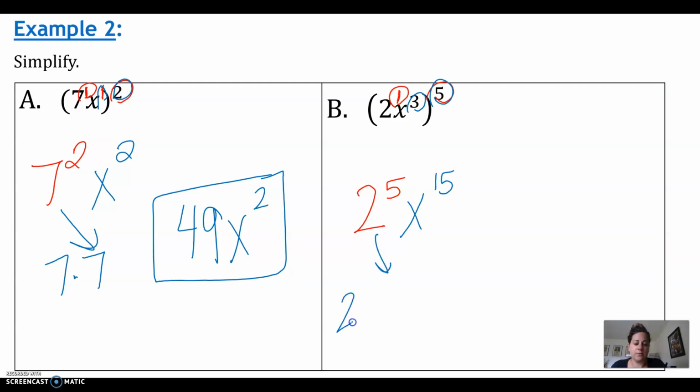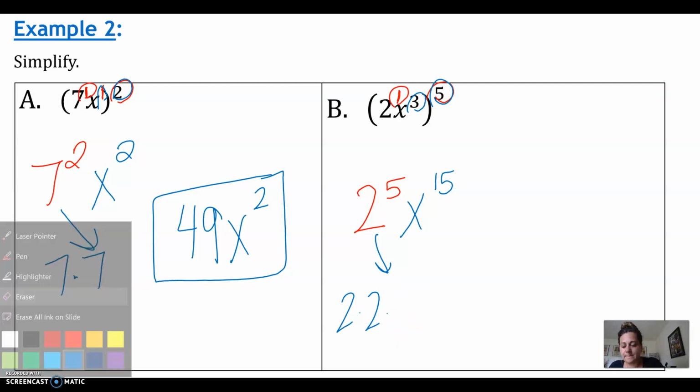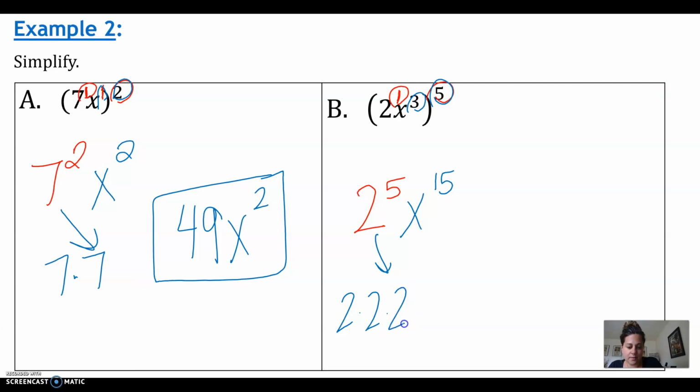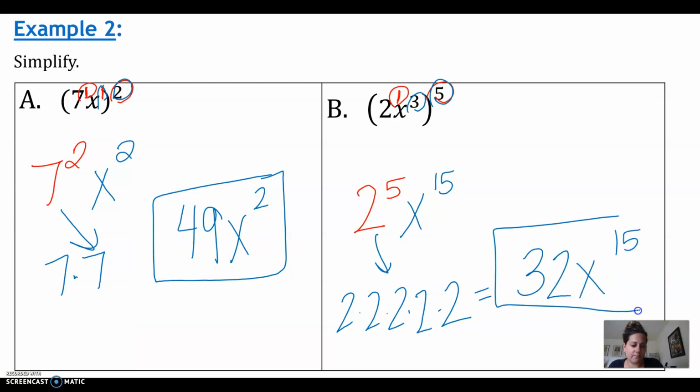You need to do 2 times 2 times 2 times 2 times 2. And that gives you 32x to the 15th.